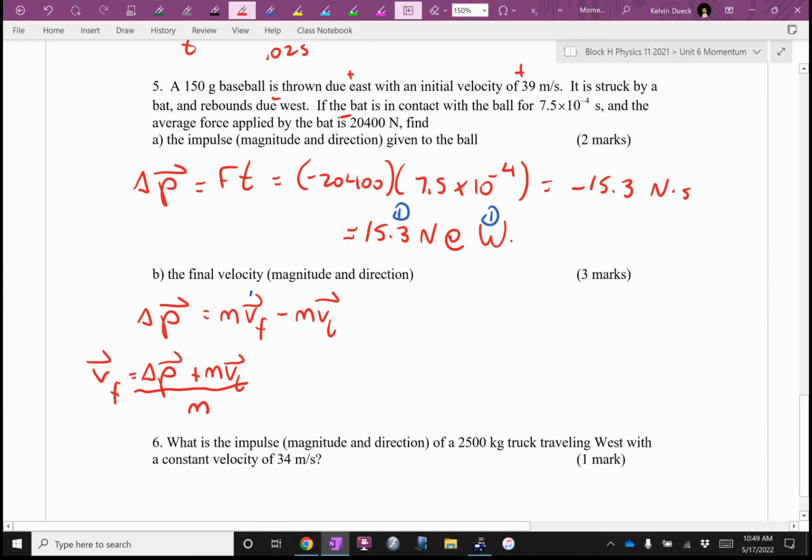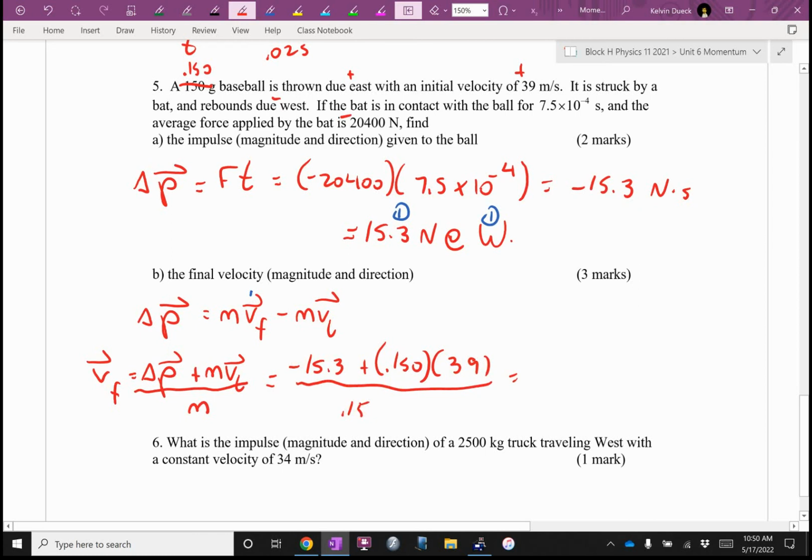What is the impulse? What is the change in momentum? Negative 15.3 plus, nice try with 150 grams, 0.150 kilograms, times v initial, 39, divided by 0.15. If I got a positive answer, I'll call that east.